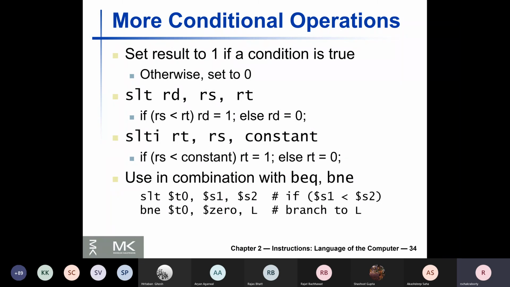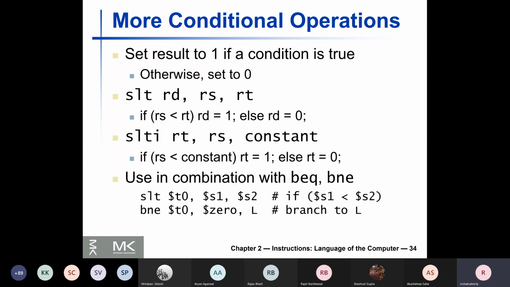In the first instruction, you perform the comparison. If the comparison succeeds, then $T0 will become 1. The next instruction is a branch not equal, and you compare $T0 with $0, which is 0. If the values are not equal, which means $T0 must have been set to 1, you branch to L.